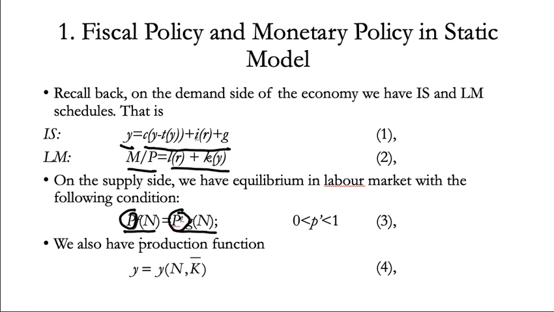There is a relationship between expected price and also actual price. What kind of relationship? It is expressed in this term. As you can see, small letter p prime has to be positive and between 0 and 1.